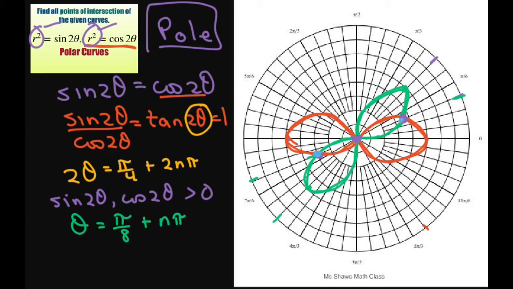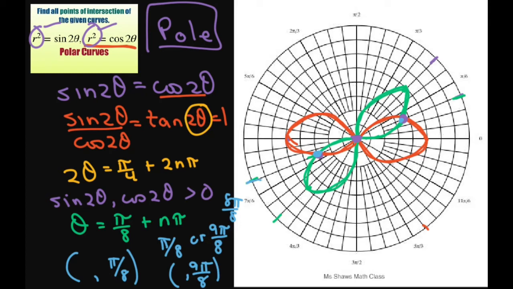So if you add pi, you get pi divided by 8 or 9 pi divided by 8, because you're just adding pi, that's 8 pi divided by 8. So at those 2 points, we're going to have pi divided by 8 and 9 pi divided by 8.